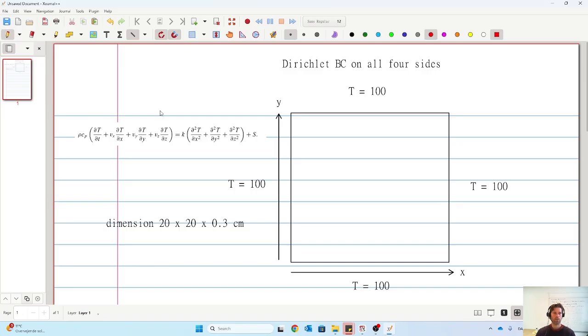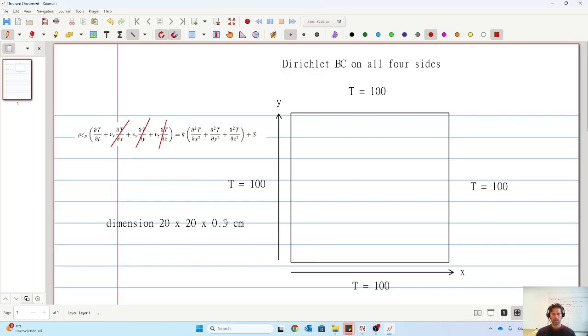So we can actually cross out all these terms where we have a V in front of it. Another way you would always be able to recognize this is if there is no velocity or flow rate described in the assignment, you can cross out these terms with advection. Then we are left with conduction, which is described over here, and a source term here.